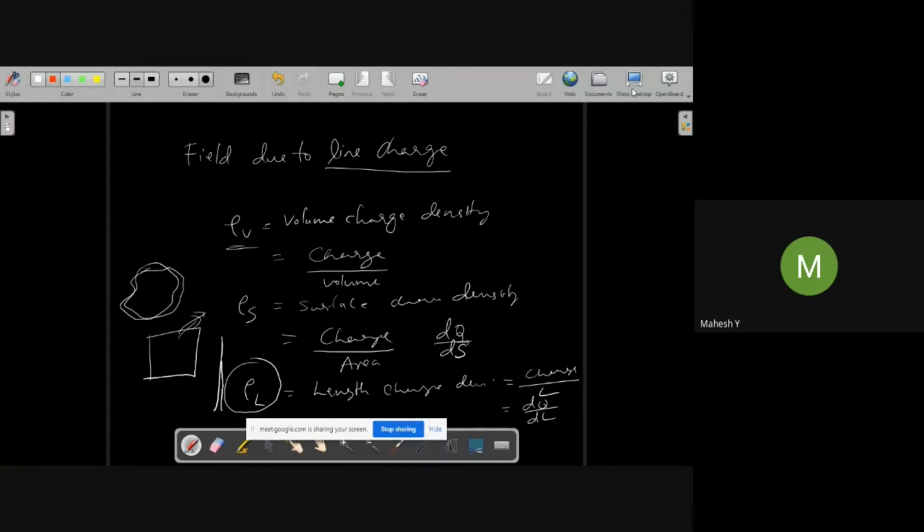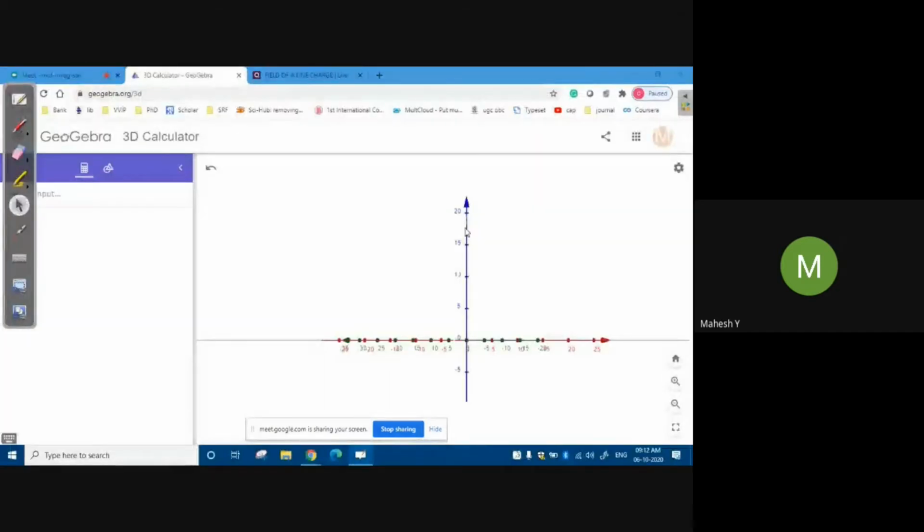So along the z-axis, like this, from minus infinity to plus infinity, is the charge. The line charge density of this one will be rho L. So we cannot tell what the total charge is because it is an infinite length. So we express it in terms of line charge density.